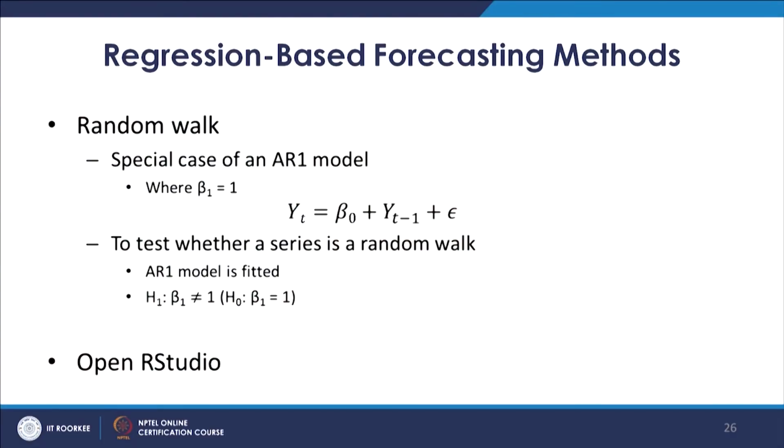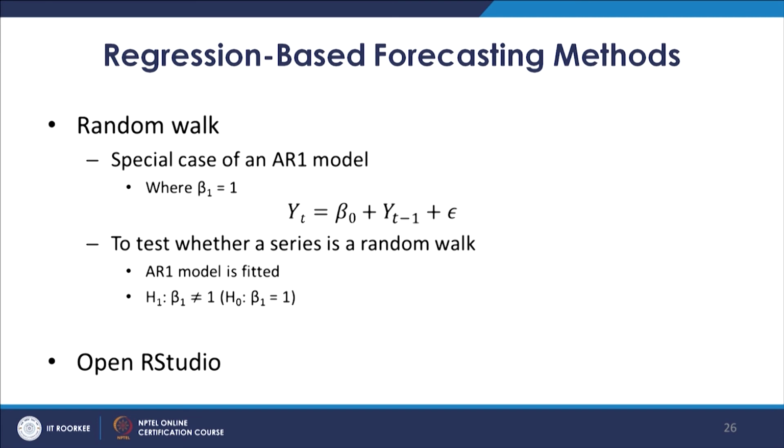So how do we define a random walk model? This is a special case of an AR1 model where beta 1 is 1. The equation can be written in this fashion: yt = beta 0 + yt minus 1 + epsilon. You can see the coefficient beta 1 is 1 here. That means yt is dependent on the previous value, yt minus 1, and then the noise term.